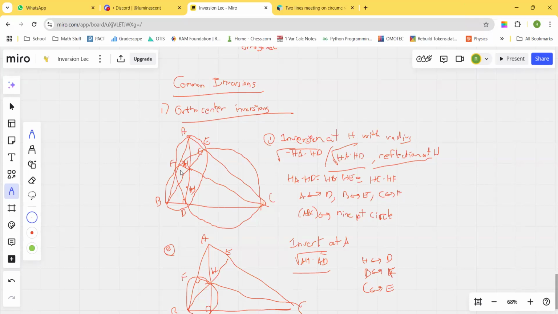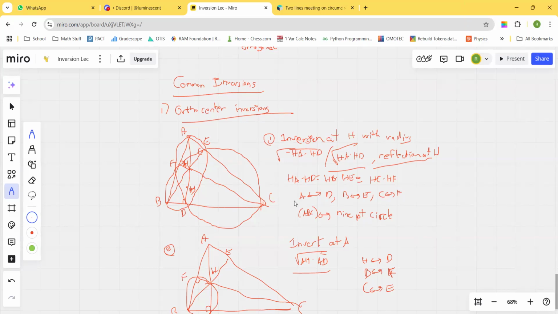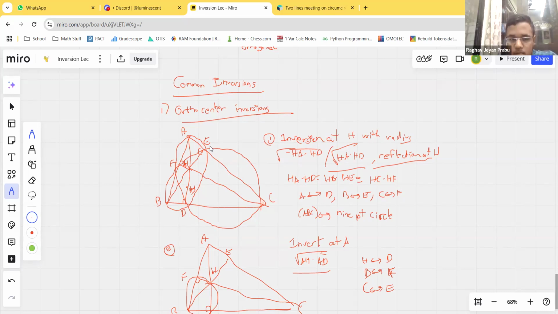No, that doesn't matter because now we are reflecting at H again. Then the whole thing kind of changes. Even if a point inside the circle will be outside, it will again map to the same point. If you look at the proof, we are nowhere using the fact that A or D is inside or outside the circle. It's completely dependent on cyclic quadrilaterals, which is always true. Okay, got it.